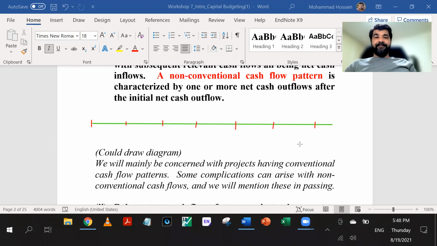The 7 things we have in here. This is our timeline, for example.